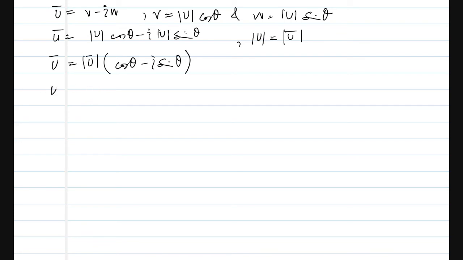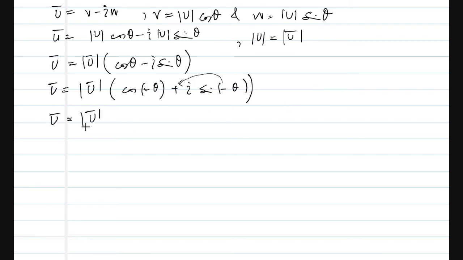Instead of writing like this, I can express it as cos of minus theta plus iota sin of minus theta. Why? Because the minus dissolves in cos theta, but it comes out on the left side from sin theta. So you can then say that u bar is nothing but u bar mod e to the power minus iota theta, by using Euler's formula. So that is what we are interested in. That's why we have drawn a graph, and that's why we want to convert this into this system.